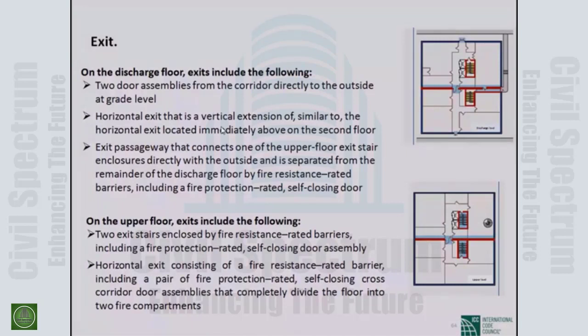Remember that if the occupant load is more than 3, a spiral stair is not a fire stair. A spiral stair, again I repeat, if used for a fire rated stair, the maximum population will be 3. If it is more than 3, no spiral stair can be used as a fire stair. So in the corner there is a spiral, but that is not a fire stair.